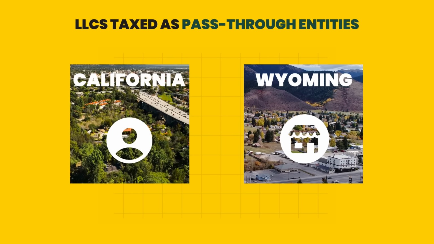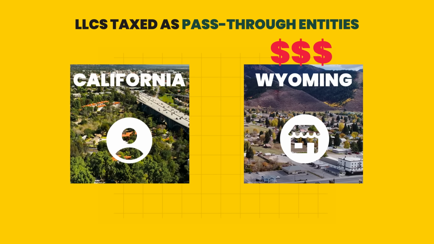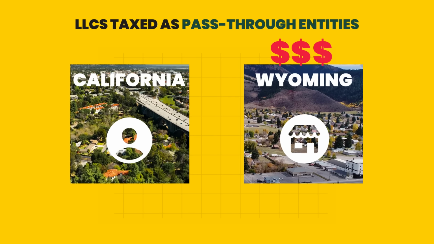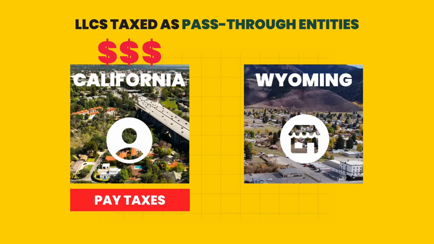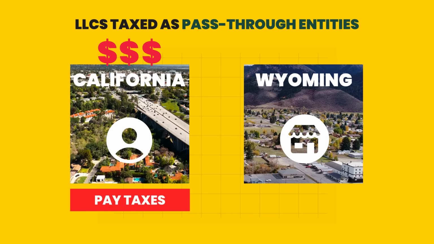Well, even though that may be the case, if you are taxed as a pass-through entity, that would not matter at all, because all of that income would be taxed to you personally based on where you personally live. And if that just so happens to be California, then you would still be subject to California income tax on your personal tax return.